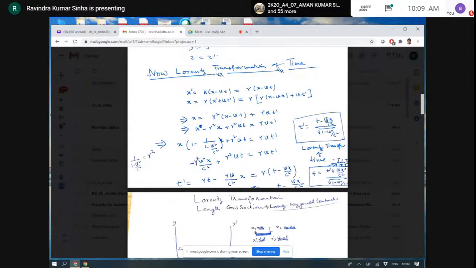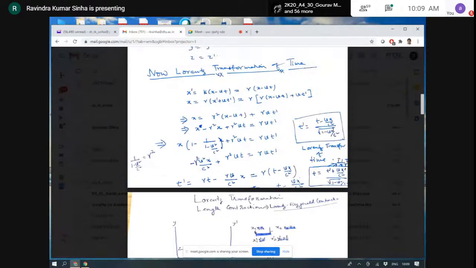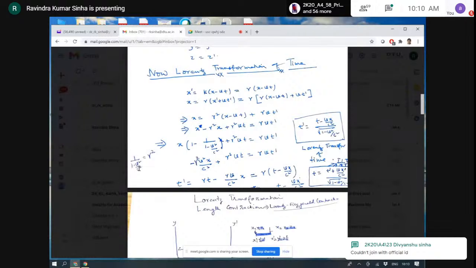If the v is the velocity of the frame of reference, that is S dash, if they are moving, so t dash will be recorded like this and t will be recorded like this. That is inverse Lorentz transformation. This we have done. What we have used, gamma square is equal to 1 minus v square by c square.